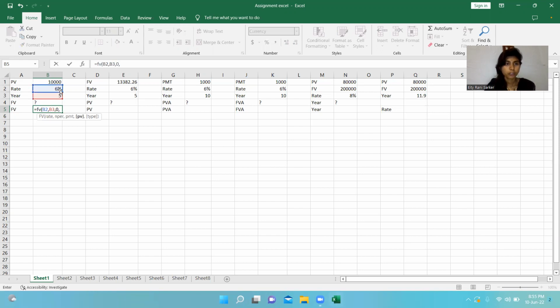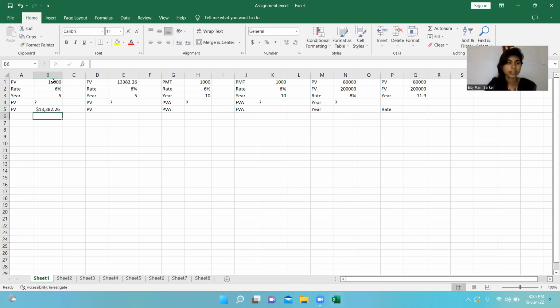Then PV. PV is under bracket, so we write this with a minus sign, so minus and select the PV. Then type equal 0. So close the bracket and press enter.